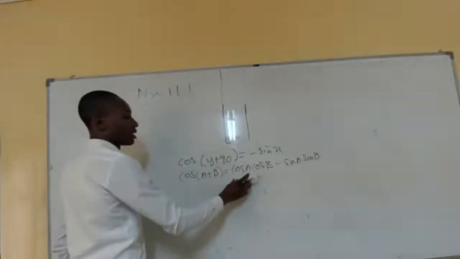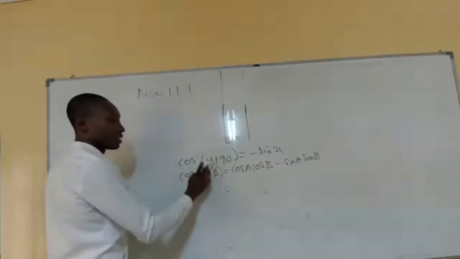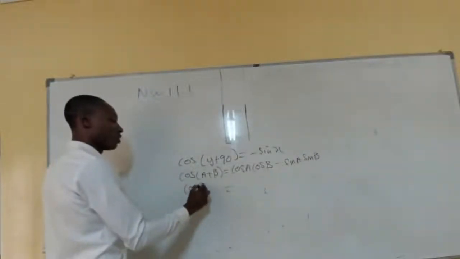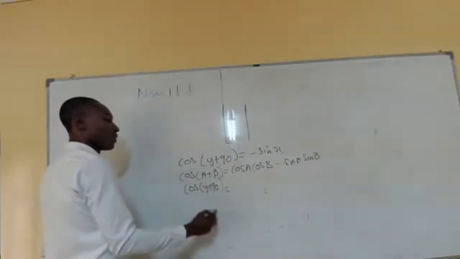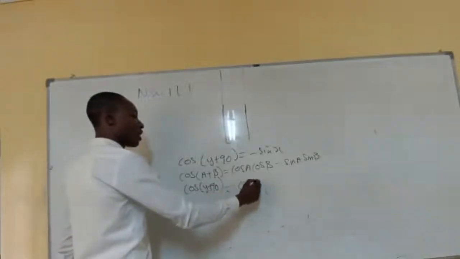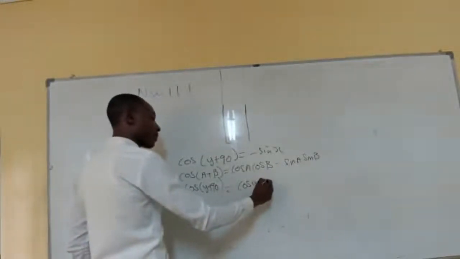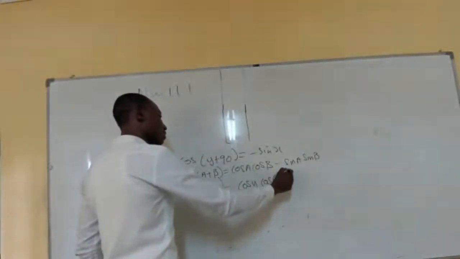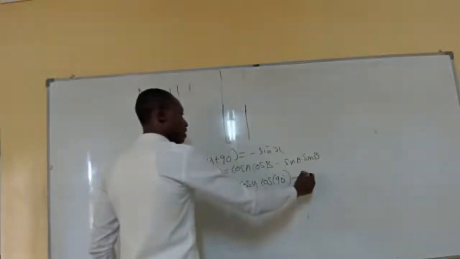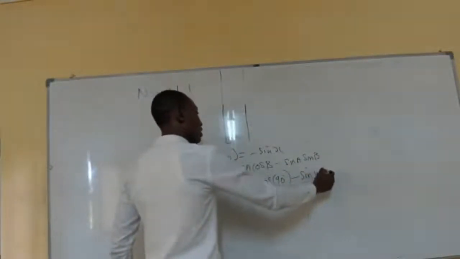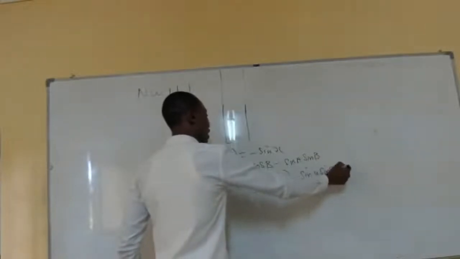We know that, in this case, we have cos of y plus 90 degrees. This is going to be cos y cos 90, all right, minus sine y sine 90.